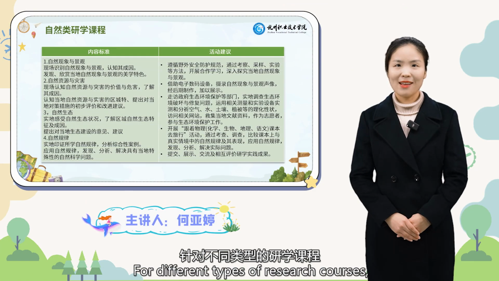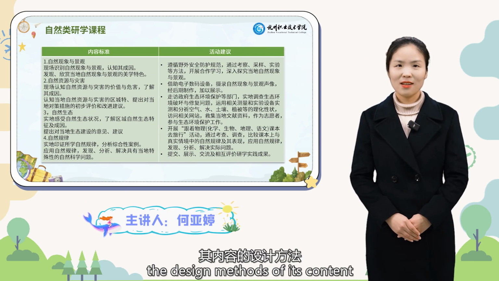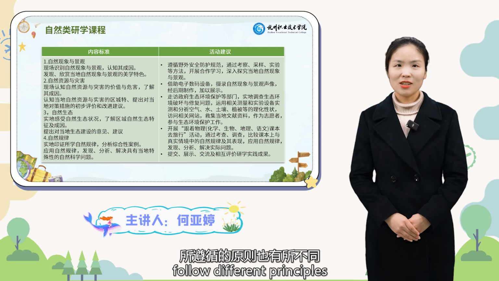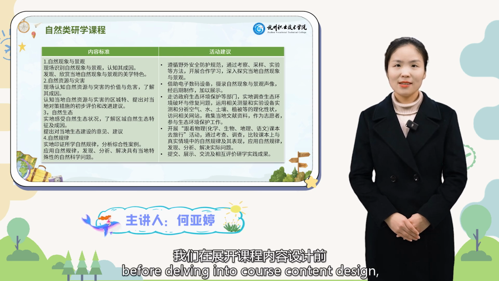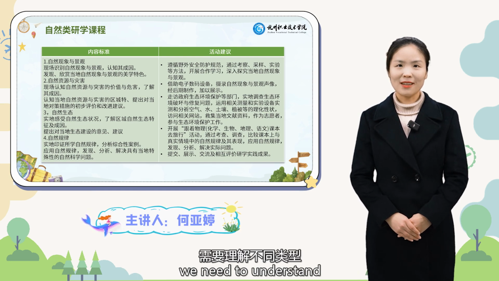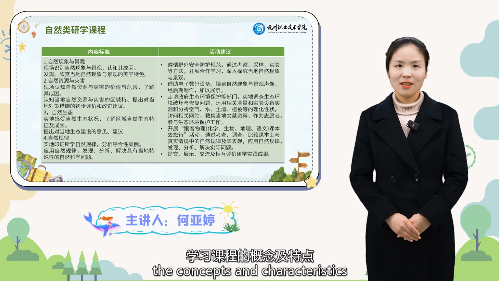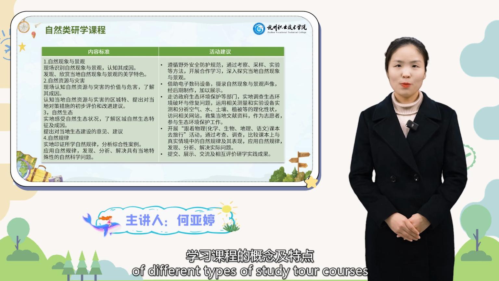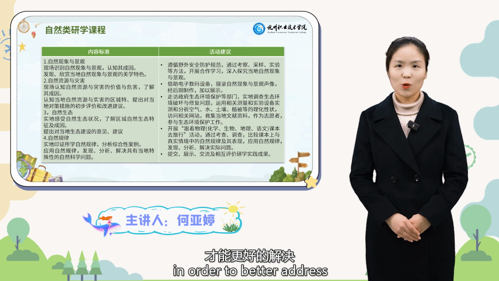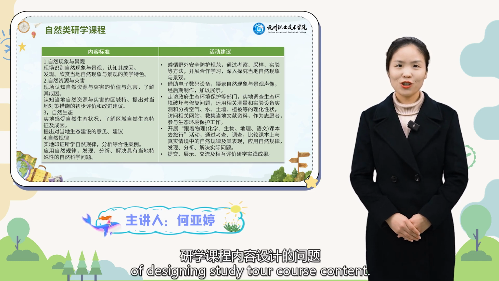For different types of study tour courses, the design methods of their content follow different principles. Therefore, before delving into course content design, we need to understand the concepts and characteristics of different types of study tour courses in order to better address the issues of designing study tour course content.